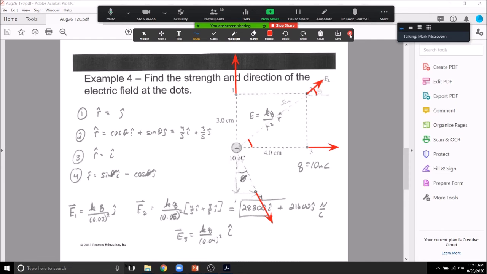Why get it if you don't need it? Because trig functions, and that's what these are. Here's how we figure out what R hat is. R hat is going to be cosine i hat, that's the unit vector component, plus sine j hat, that's the upward component there.